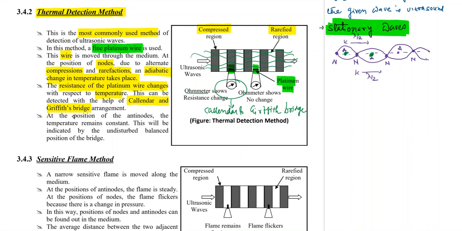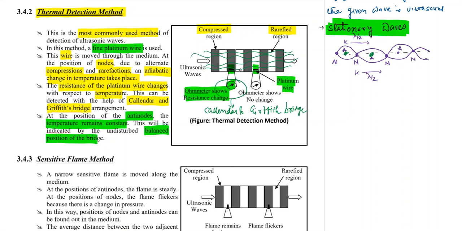And at the position of the antinode, the temperature remains constant. This will be indicated by the disturbed balance position of the bridge. So, in this situation, if we move this ohm meter from here to here, then there will be some change in the ohm meter reading. So the ohm meter shows the change in resistance in the compressed region, and this deflection continues till we move through the compressed region.